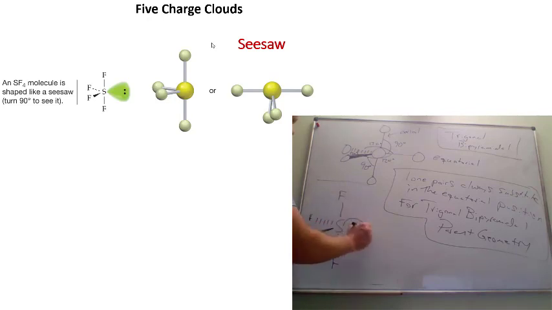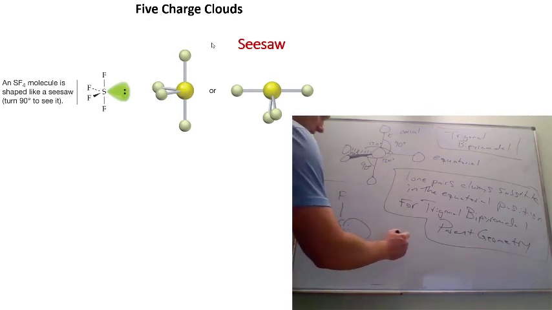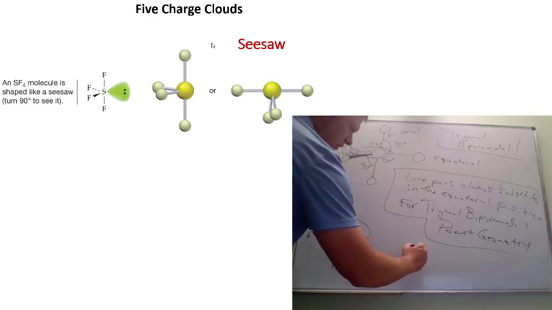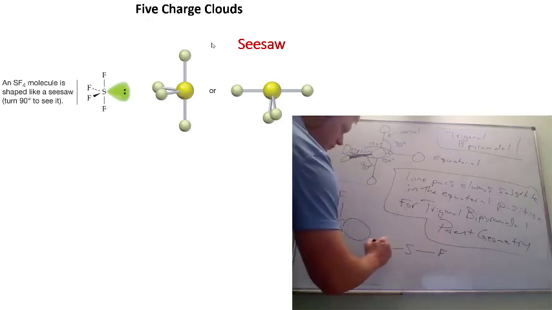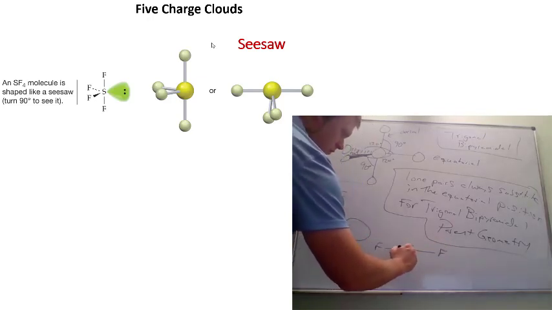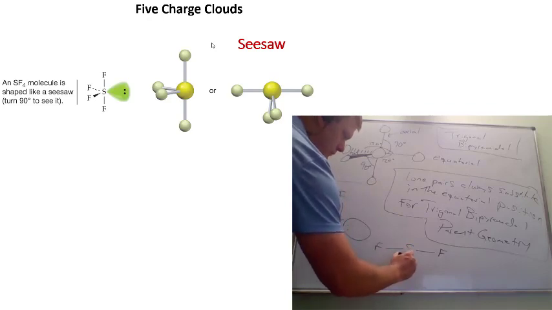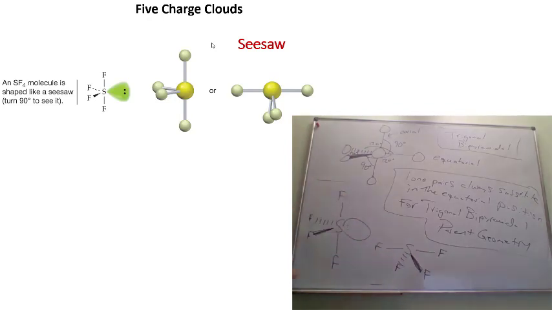And then we're going to have this lone pair here in the plane of the board. And so what we've got here is what's called a seesaw position. And so this seesaw position, if we turn it on its side, we can see that if we just flip it on its side here, it looks like a seesaw.